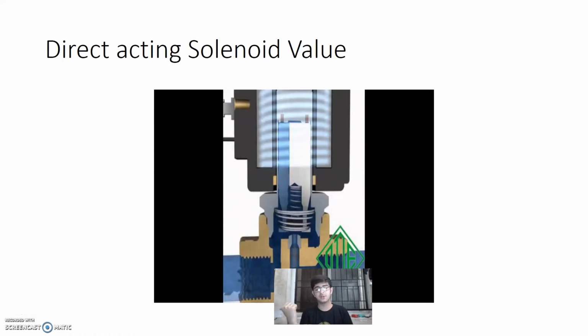Because the fluid is flowing through it. So if we see the components of this direct acting solenoid valve, it comprises one spring. Then you can see one plunger in that small orifice, and the bigger two stands are its electromagnet solenoid, which will control its opening and closing. So now let us discuss in detail its working and operation.